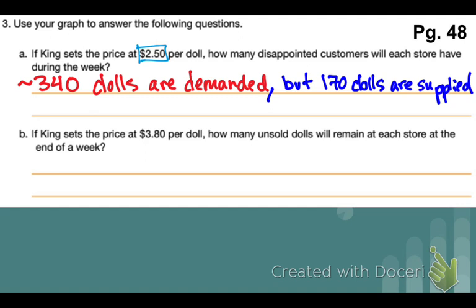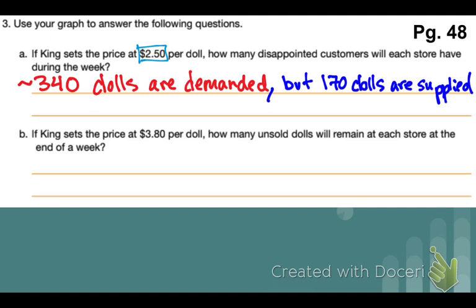Like one, where you subtracted. So we'll subtract them? Yeah, that sounds good. Walk me through why you're subtracting it. So I know that they have 170 dolls, but there's 340 people that want dolls, so only 170 of them are gonna get dolls, so I subtracted.